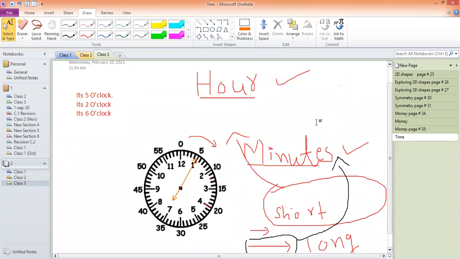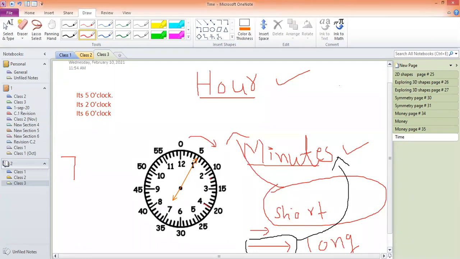Look at this, guys. I changed the minute hand, I mean the long hand. It reads up to 5. So look here. The hour is 7.